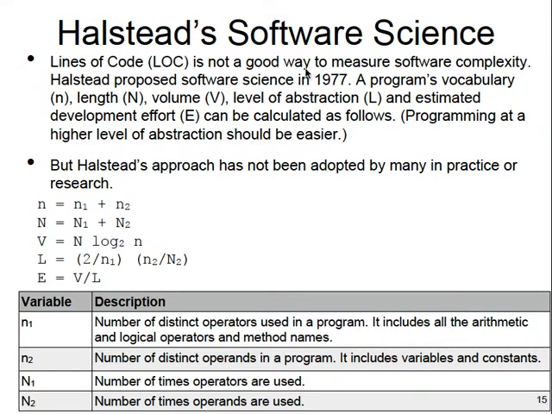One very trivial one is line of code as measurement. So what this measurement can be used is, well, it can be used to measure the amount of work done by a programmer.